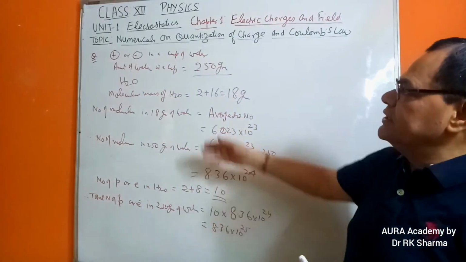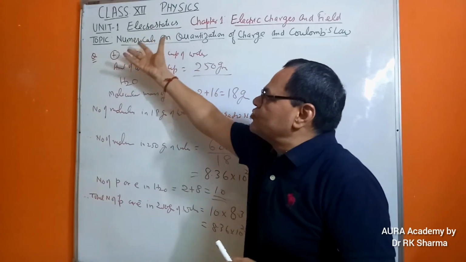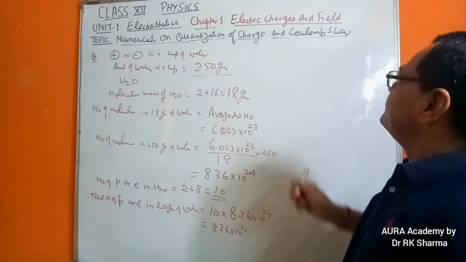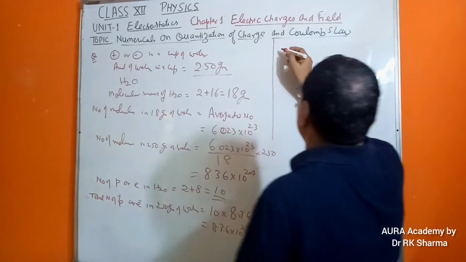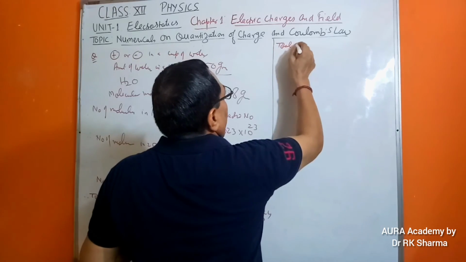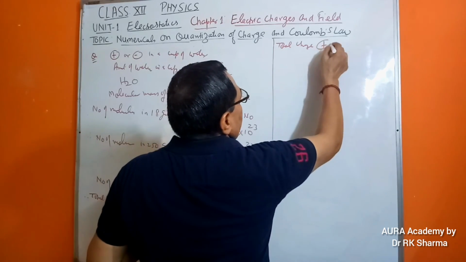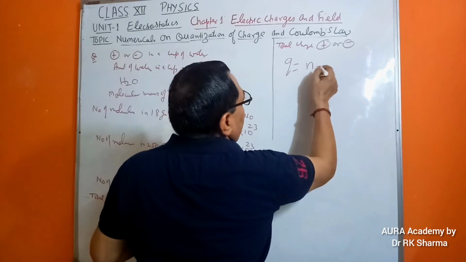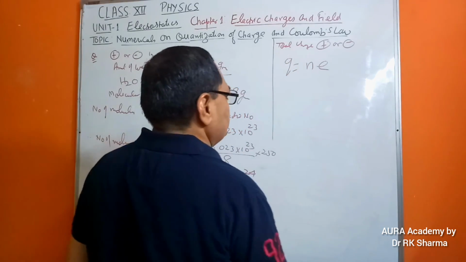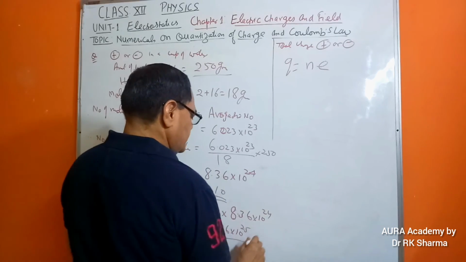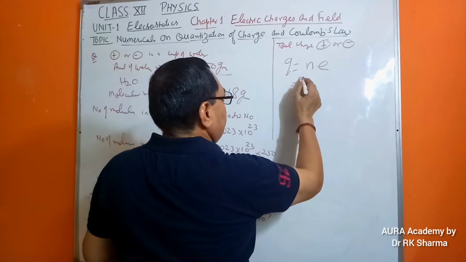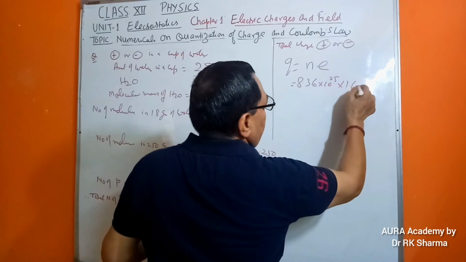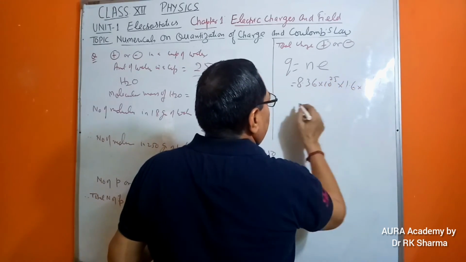Clear? So we need to find out how much total positive charge or negative charge is there. Then you can easily find that the total charge, either positive or negative, Q is equal to N e. So N is 8.36 into 10²⁵ into the charge on an electron, 10 to the minus 19.